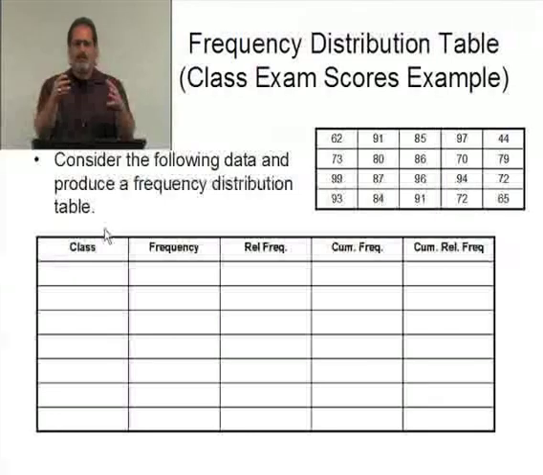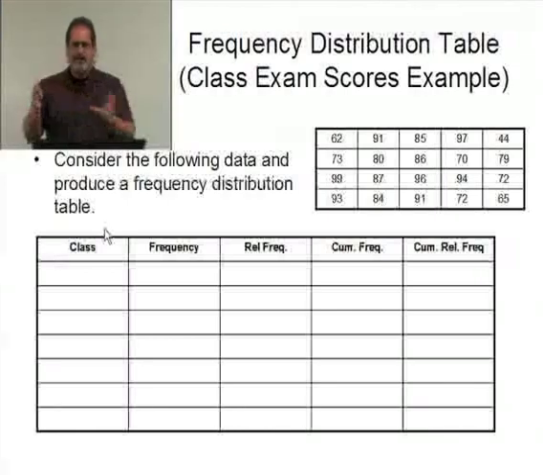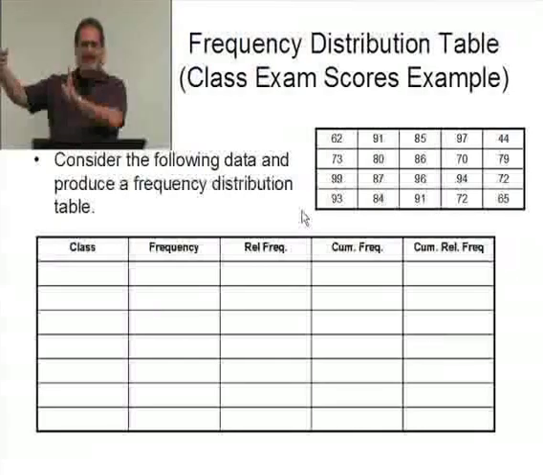Now, when we talked about ordinal data, when I had my A's, my B's, my C's, and my D's, one of the things I mentioned is that we need those gaps. Technically, you should have those gaps in between each of those categories. But here, when I look at this data, the smallest is a 40, and the biggest is 99. It makes sense to me to go by tens, because I know it's on those 0 to 100. My 90 to 100s are my A's, 80 to 90s are B's, and so forth.